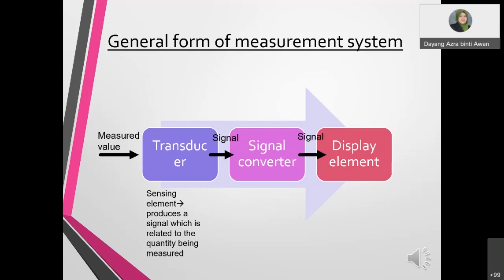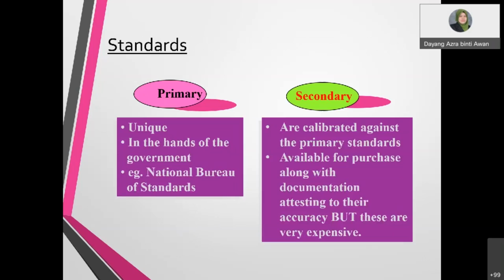For example, if you want to measure the current, you need to have the correct instrument to do the measurement. Then we have a signal converter. At the end, you have your display element, so you can see the results and everything on your display instrument.